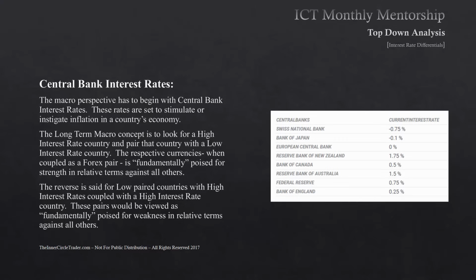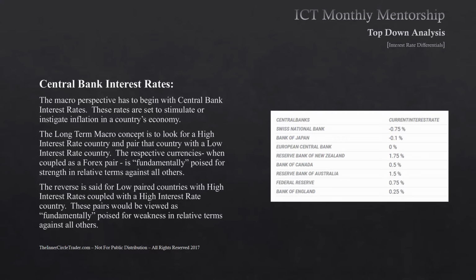What you're going to do is simply look for a country that has a high interest rate. As you see here, the highest on this list is the Reserve Bank of New Zealand. The second at the high end would be the Reserve Bank of Australia. And obviously the low end would be the Bank of Japan, the Swiss bank and the European Central Bank at 0.